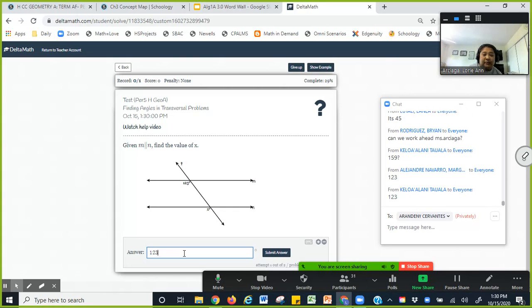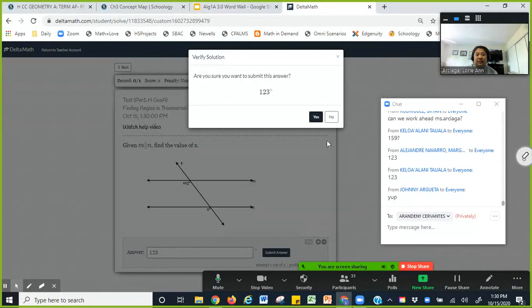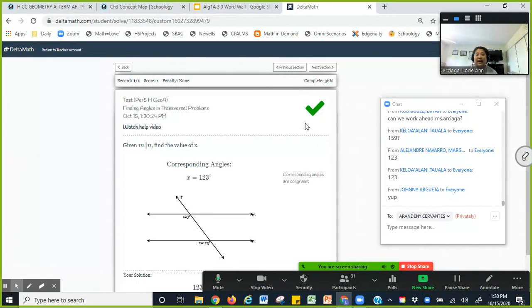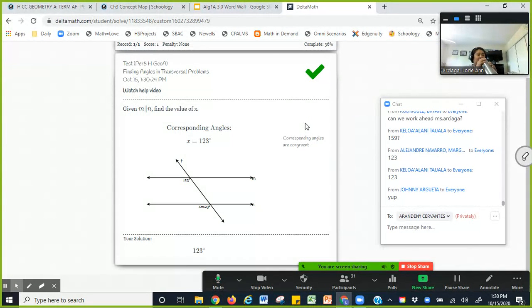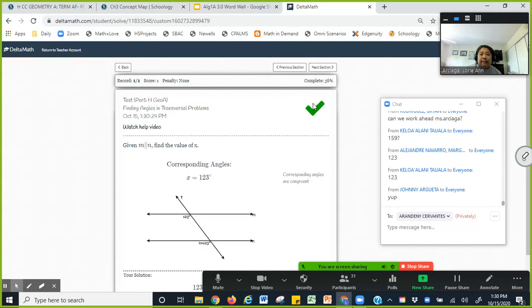Okay, let's try that. Yup, 123. Yes, you're right because they form corresponding angles. Very good. Okay. Next section. You're stuck on the one after. Oh, this one after this.